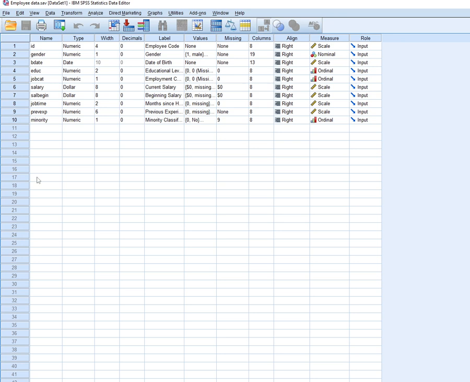Let's go to step number 2, which we said is you need to formulate your hypothesis. So what is the hypothesis for an independent sample t-test? There's a general hypothesis, and then there is a specific one, depending on the type of data or the variable that you're working with.